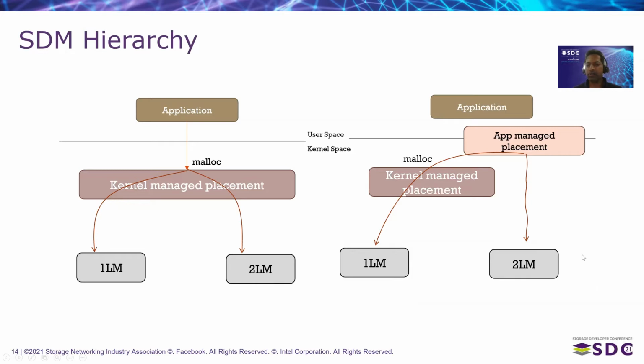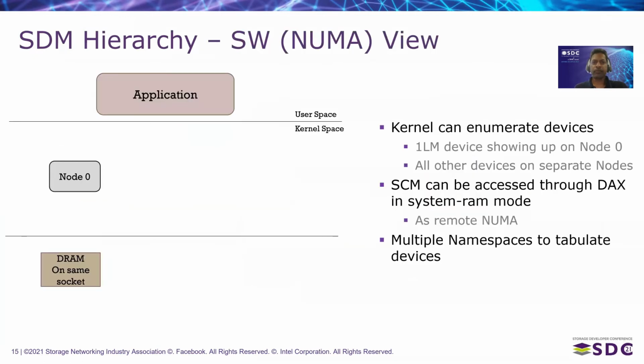And for 2LM, it has native integration to access the 2LM media through load store semantics. I will cover details of the different ways of accessing the 2LM media. But that's essentially how an application can manage the 1LM and 2LM to do its own implementation. Right. So those are the two different ways of consuming the memory hierarchy.